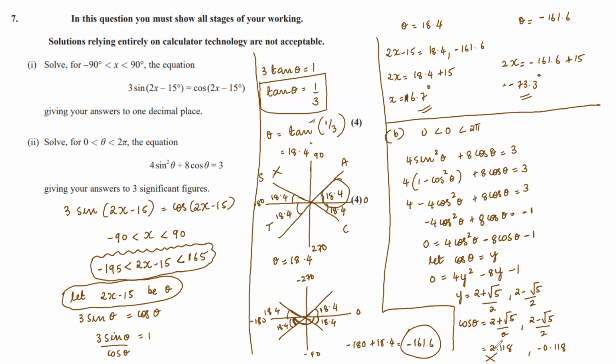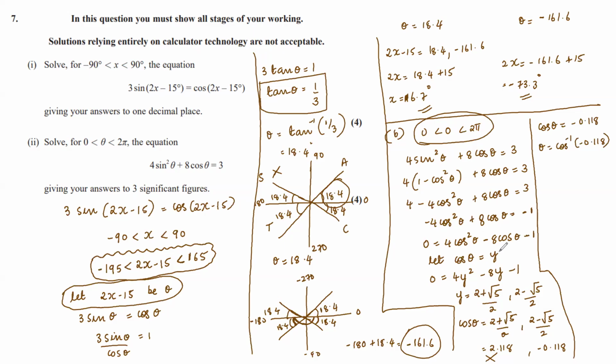Now, the only option that we have here is cos theta equal to minus 0.118. Make sure that this is in radians, so your calculator should be in radians mode. So theta will be cos inverse of minus 0.118.